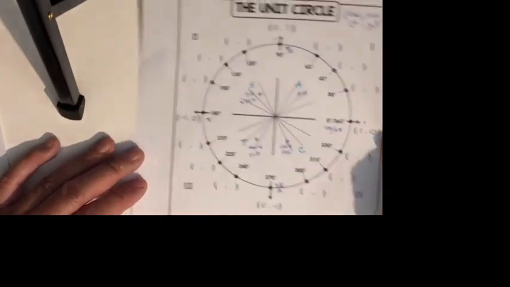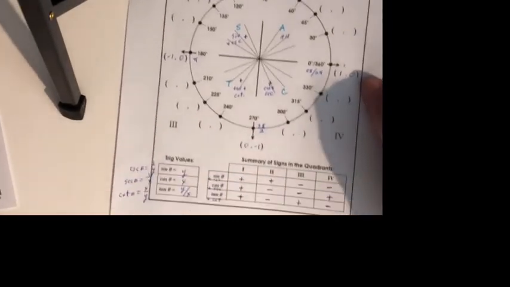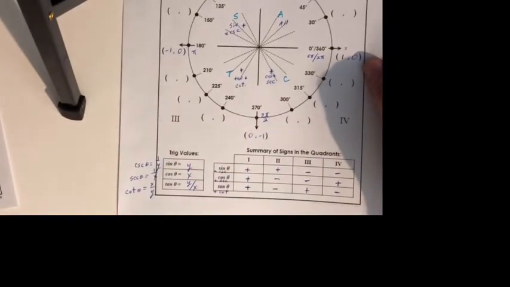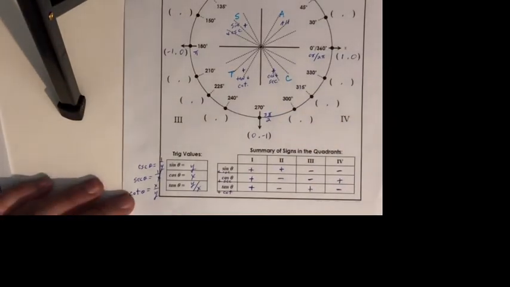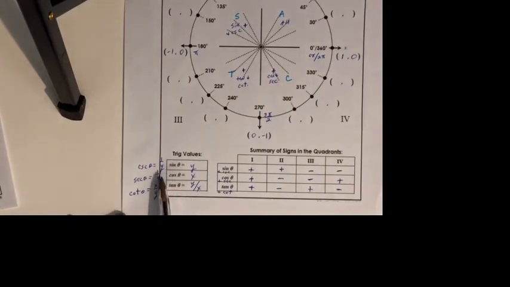Okay? And if you didn't see the bottom part, I'm going to show it so you can take a minute to copy it if you didn't see it while I was writing it. Okay? So take a minute and copy it. What I said, cosecant, secant, cotangent are related here. These are y over x, okay?